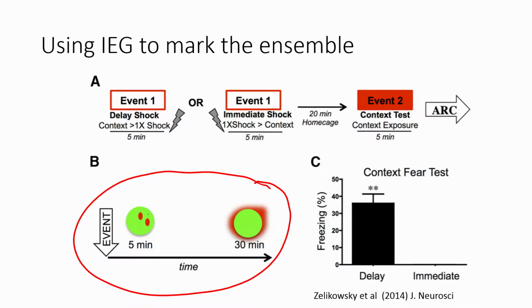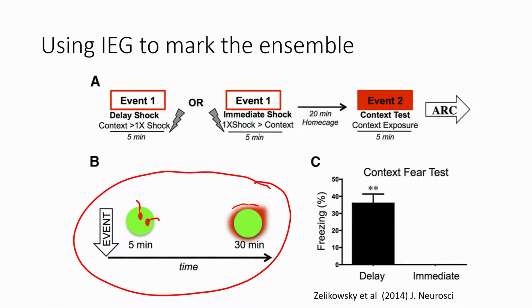While if you were to look 30 minutes later, these diffuse out, and many more of them diffuse out, and as a result you have a higher probability of locating these red structures outside of the nucleus.